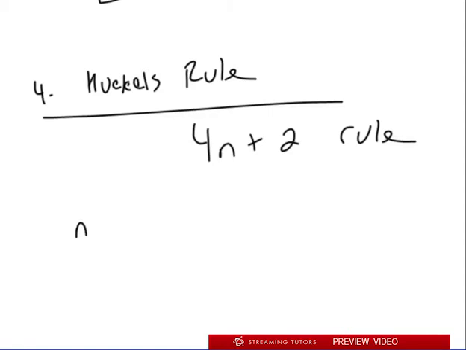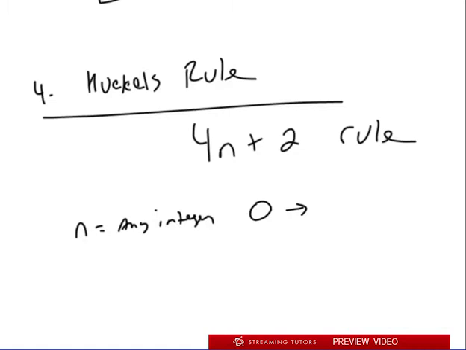Now, n is any whole integer. It cannot be a fraction. So it could be from 0 up to infinity. It doesn't matter, but it has to be a whole number. 0, 1, 2, 3. It can't be 0.5. It can't be 1.5.